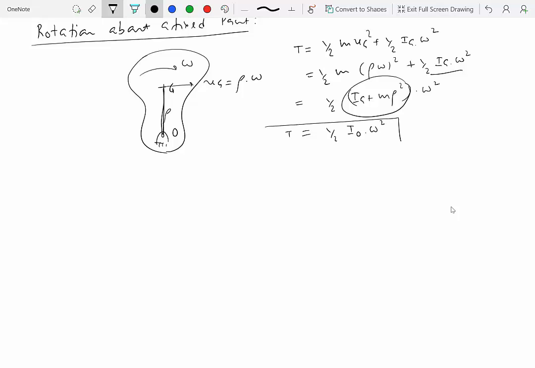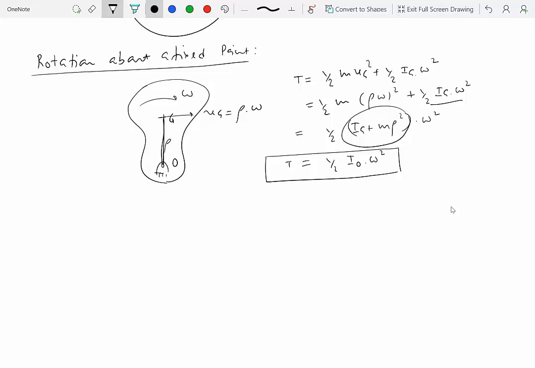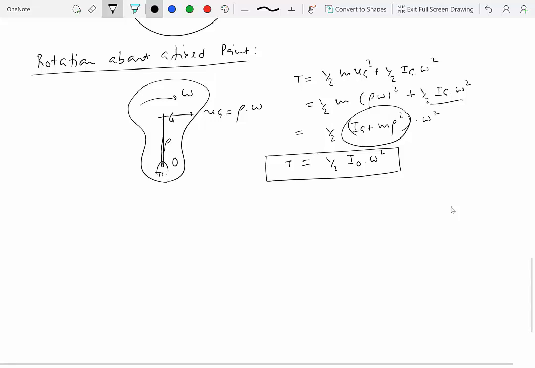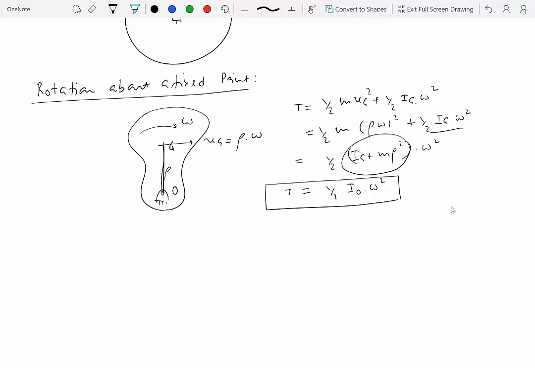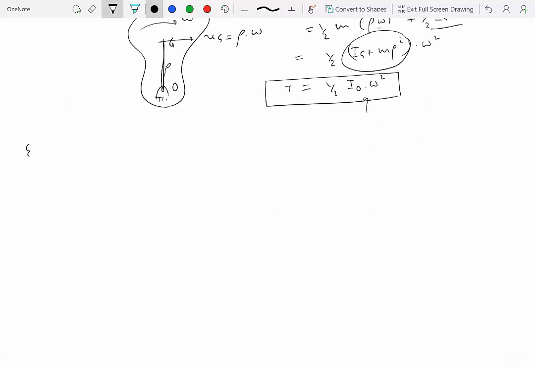So when a rigid body is rotating about a fixed point, it turns out that the kinetic energy formula can be written simply as 1/2 the mass moment of inertia about the fixed point of rotation times omega squared. In this case, you're not going to add a kinetic energy term due to translation because you already took care of that. In fact, you obtained this because you added these two terms and Vg was substituted as rho omega. So let me give you a simple example.